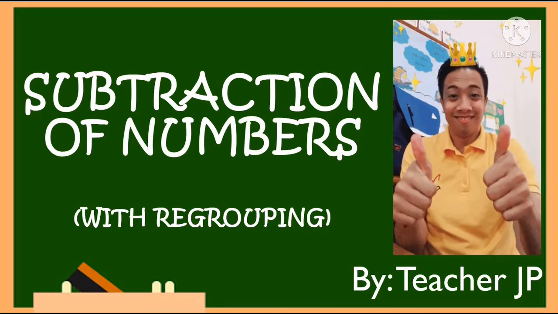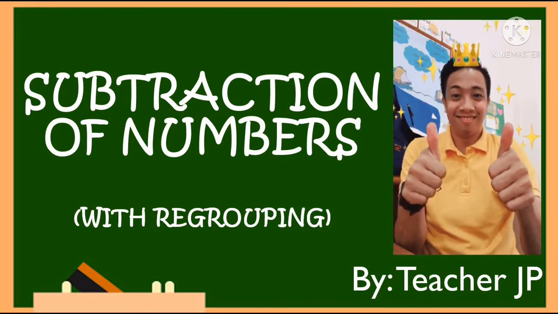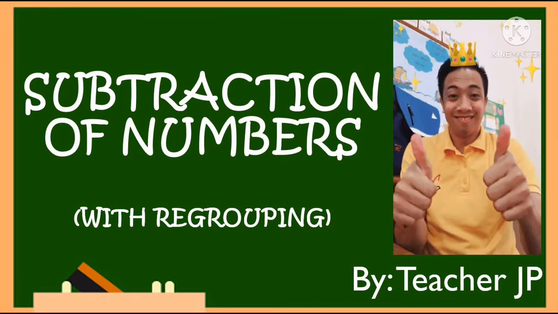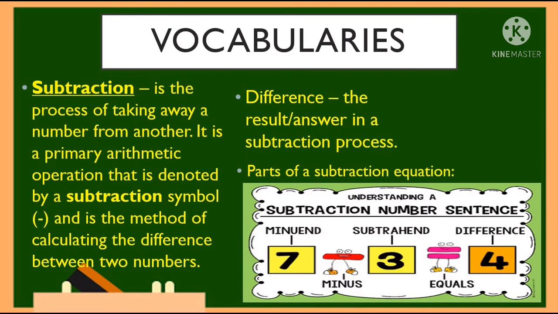Okay? Ready? Of course, before that, let us read our vocabularies. Again, subtraction is the process of taking away a number from another. It is a primary arithmetic operation that is denoted by a subtraction symbol.